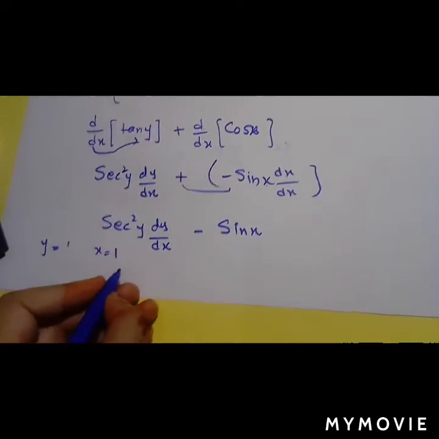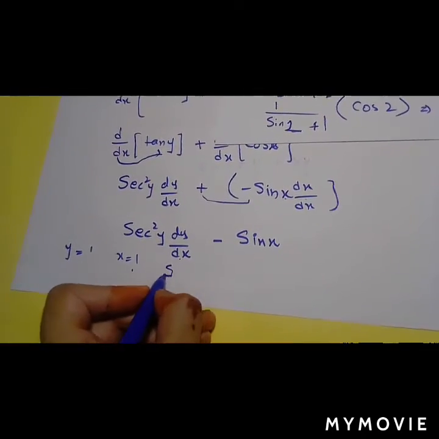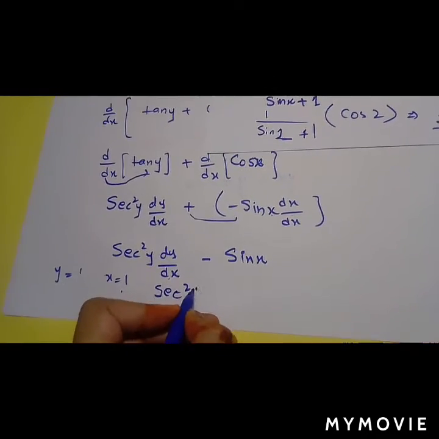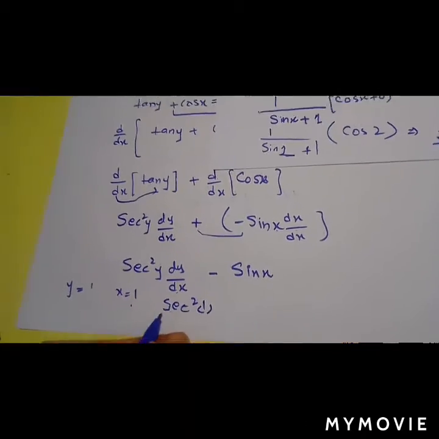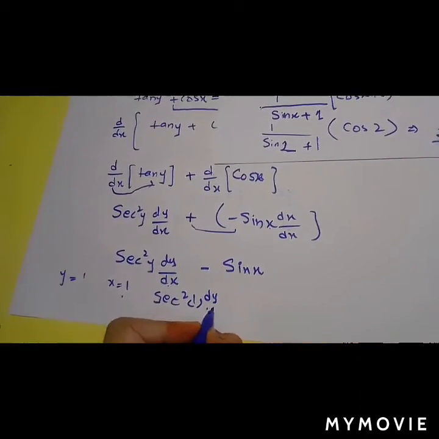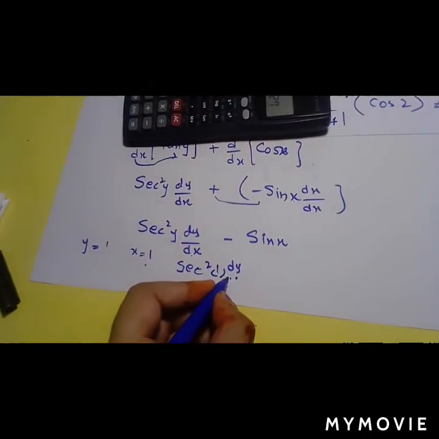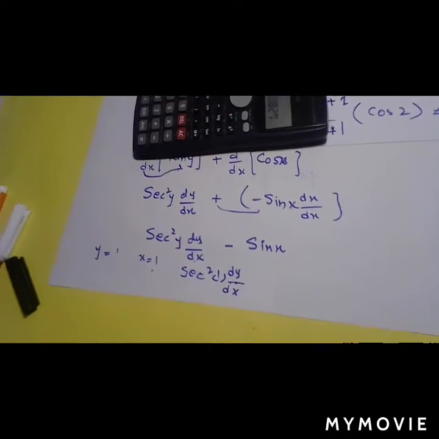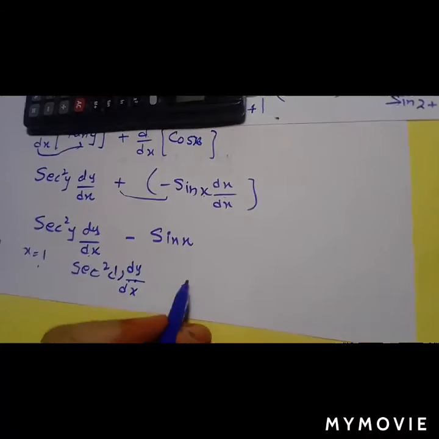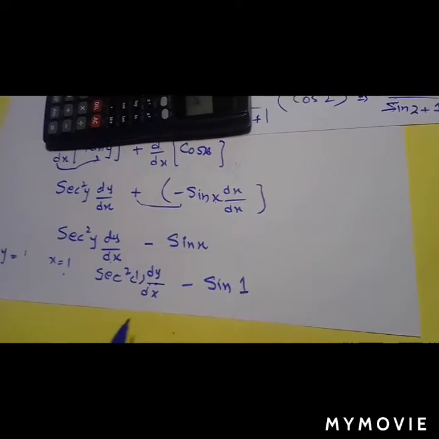Then try to write only y as 1, okay, not the whole values. dy by dx is other than y. It is the derivative of y, not y itself. Then x is also 1.